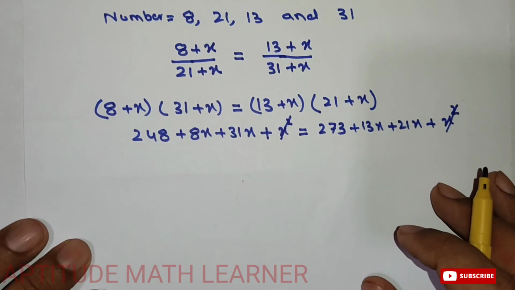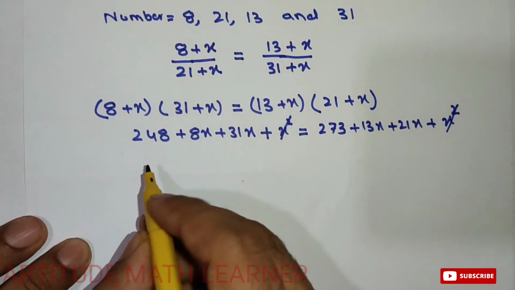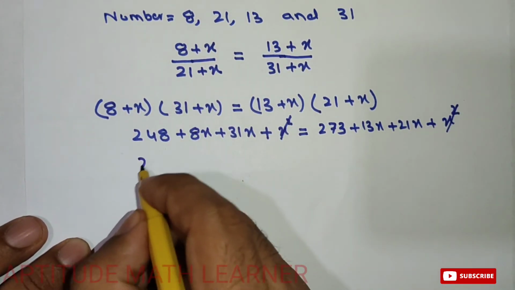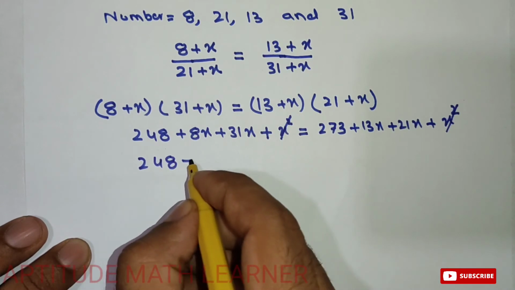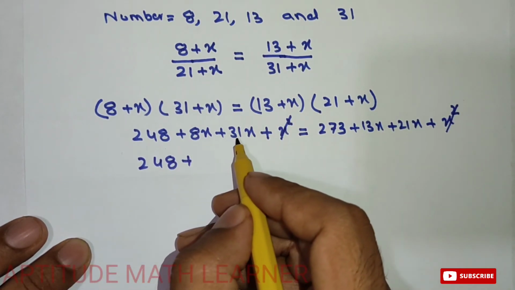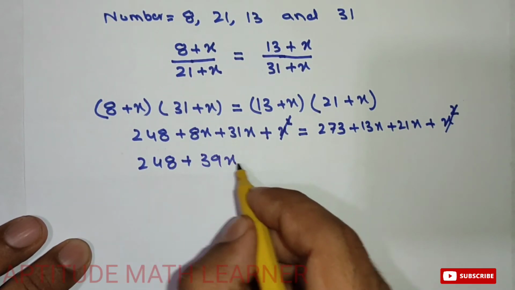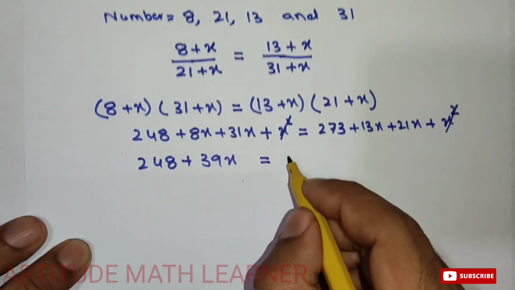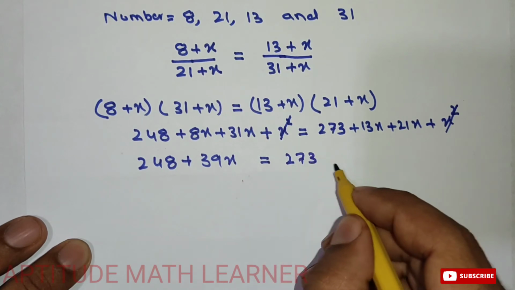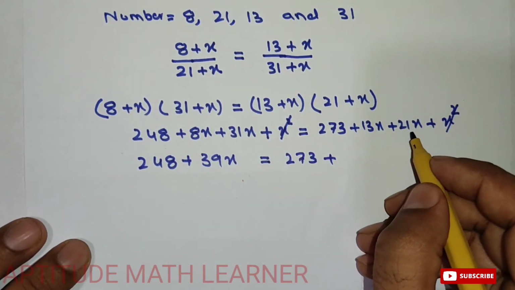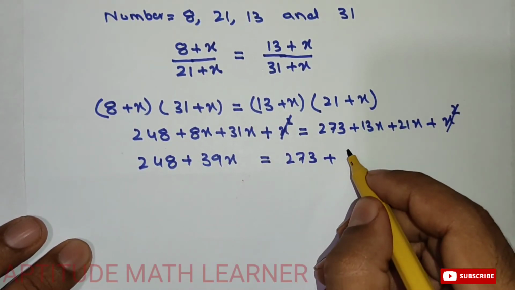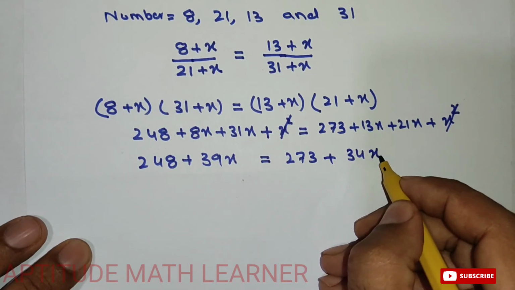And now further solving, this becomes 248 plus 8x plus 31x, that is 39x, is equal to 273 plus 13x plus 21x, that is 34x.